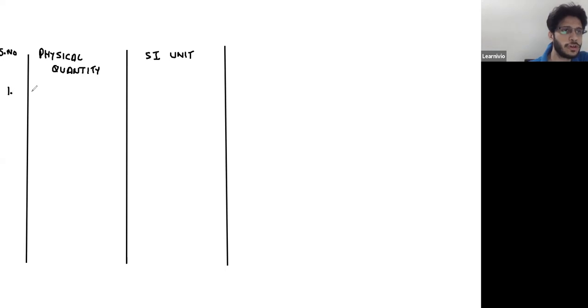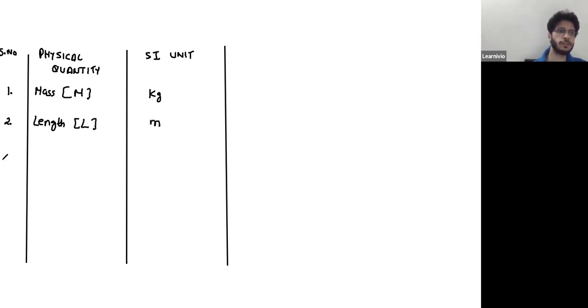The first quantity is mass. We represent mass by capital M. The SI unit of mass is kg. After mass, the second quantity is length. We represent length by capital L. Its SI unit is meter. Third quantity is time. We represent time with capital T, and the SI unit of time is seconds.